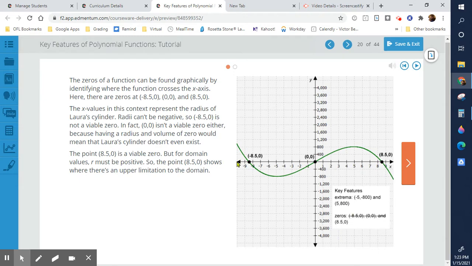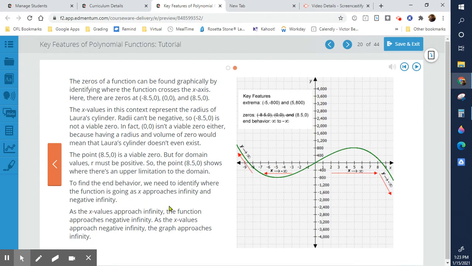Our zeros are where we're going to go from positive to negative. And then we're going to be talking about the behavior. So looking at this graph, as x goes to infinity, that means as x is going to the right, f of x, our y value, is approaching negative infinity. That means as we go to the right, our graph goes down.